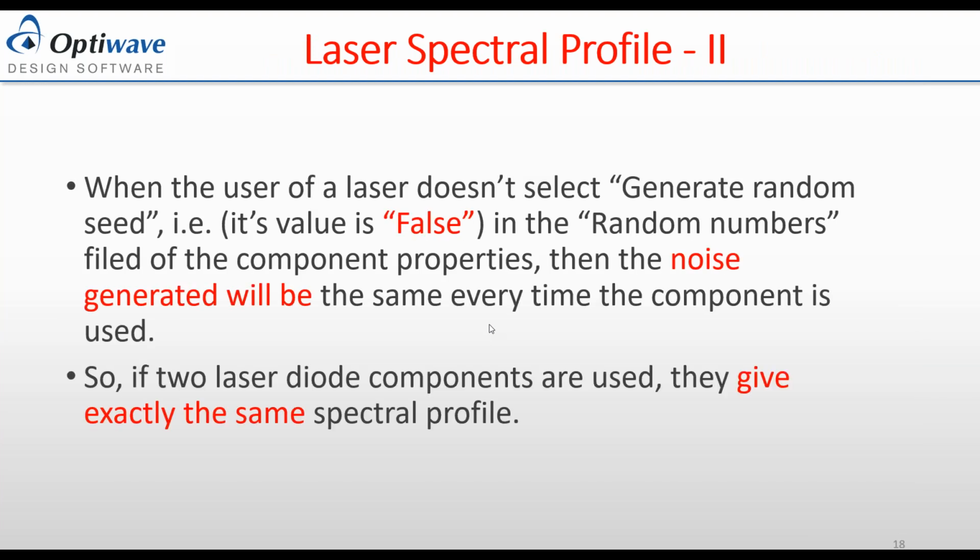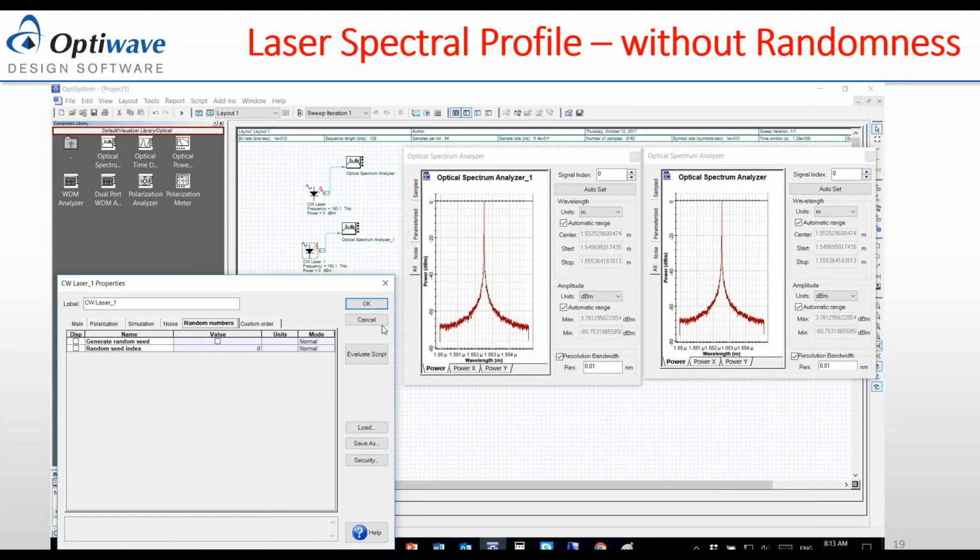However, if you choose the false configuration, you can enter whatever number here and it generates different types of noise levels, but if you repeat it as many times as you want, every time it gives you exactly the same power level and exactly the same noise level. So if you want to do any calculation without noise generated in the laser, you don't choose the generate random seed function.